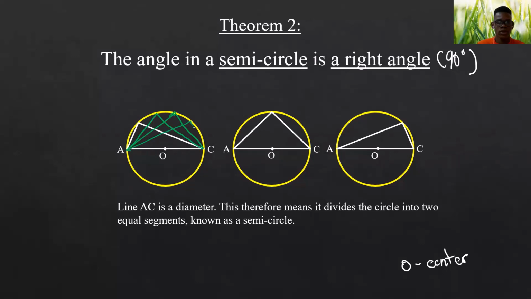I could draw any amount of lines in this semicircle, or I could even go at the bottom here. Once it's in a semicircle, it's 90 degrees. So all these lines within these semicircles are 90 degrees, 90, 90, 90, 90.